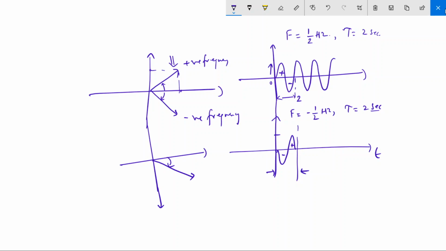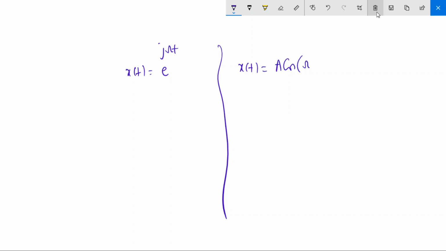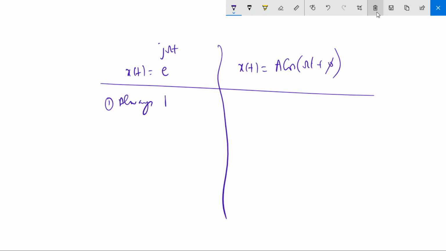We have discussed two important things here: for the signals x(t) = e^(j omega t) and x(t) = A cos(omega t + phi), they are always periodic with a time period of 2 pi by omega.